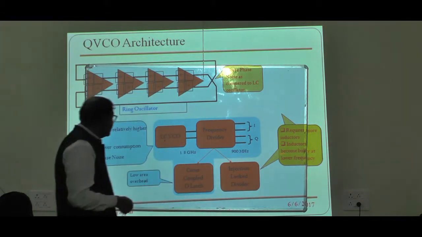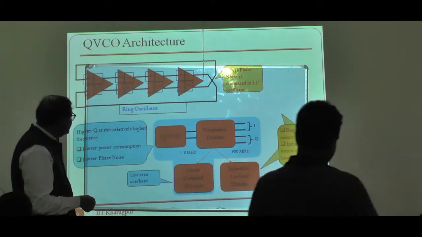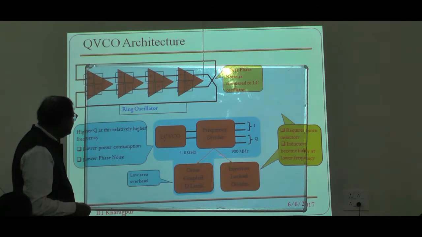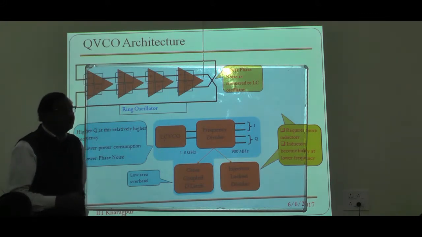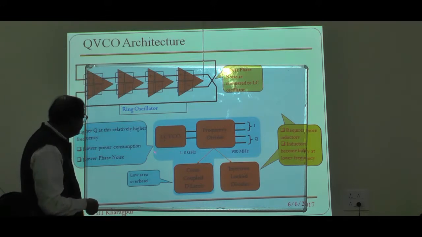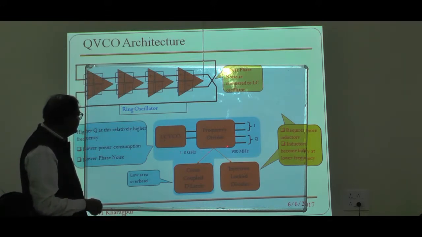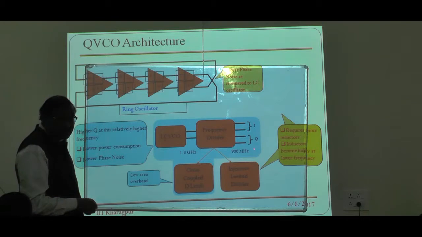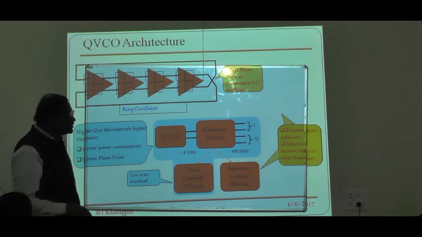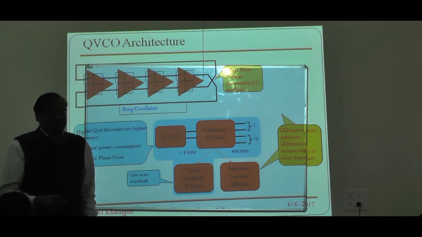So that's why you will see most of the architectures are like that. Suppose I have to design a 900 megahertz oscillator for GSM applications. Then actually we will make a 1.8 gigahertz VCO. Then we will use a frequency divider that is simply a flip-flop. And then the in-phase and the quadrature-phase components are easily produced.